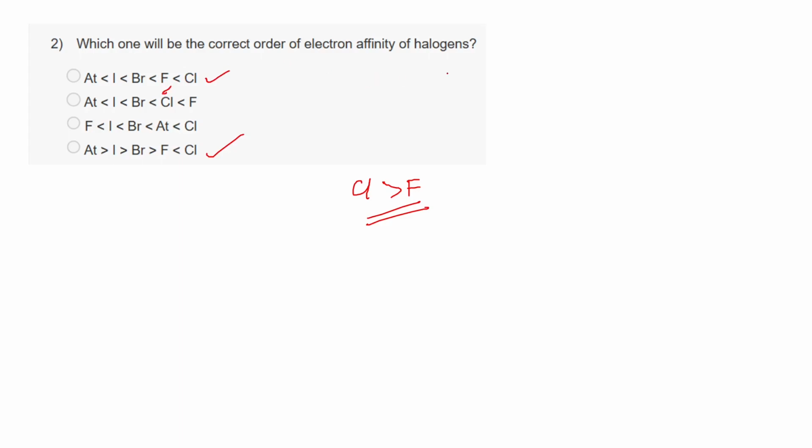Now we have to look at bromine, iodine, and astatine. As I said, whenever the size is increasing, the electron affinity will also increase, like the energy released when adding an electron will also increase. No, I mean decrease.